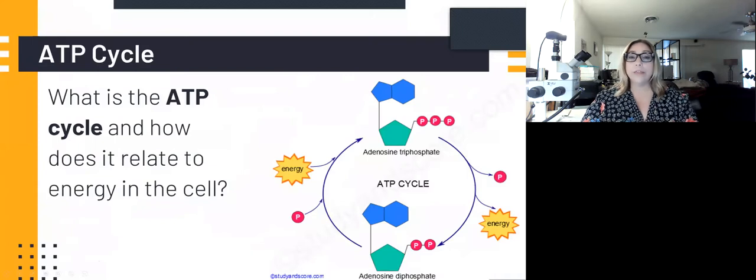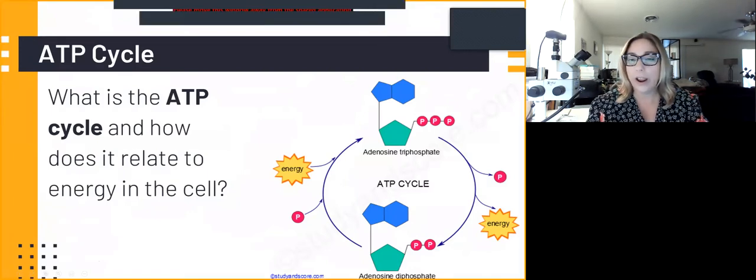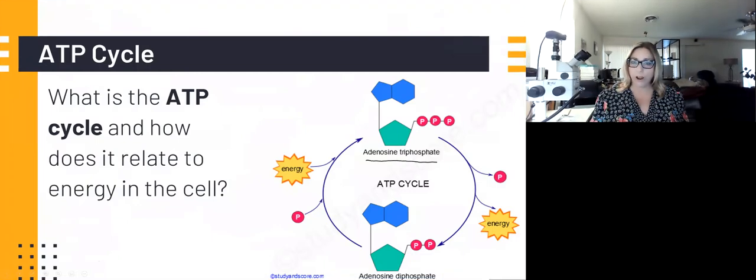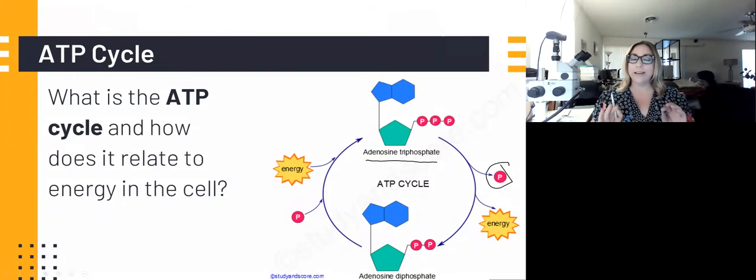This is another image of the ATP cycle. I presented it in 2 different ways so that you could understand how it functions. So once again, we have ATP on the top. Okay, here is our ATP, adenosine triphosphate. It loses a phosphate, so we call that dephosphorylation.